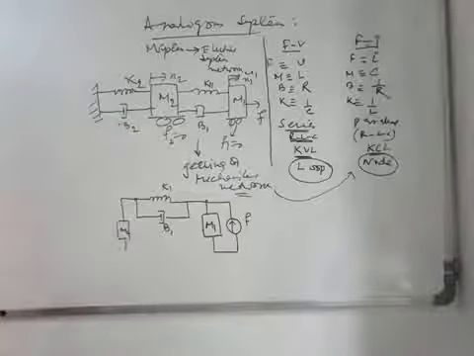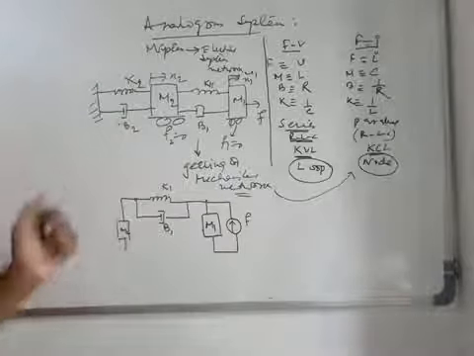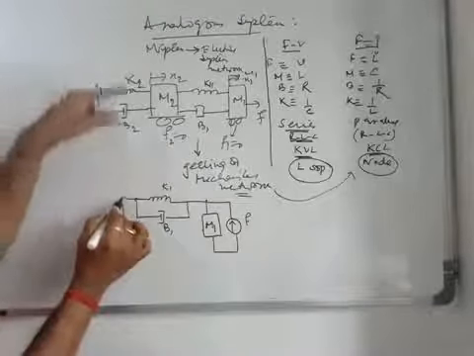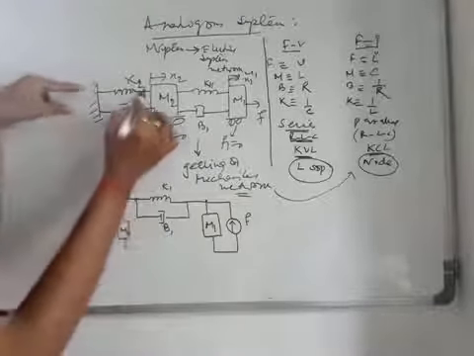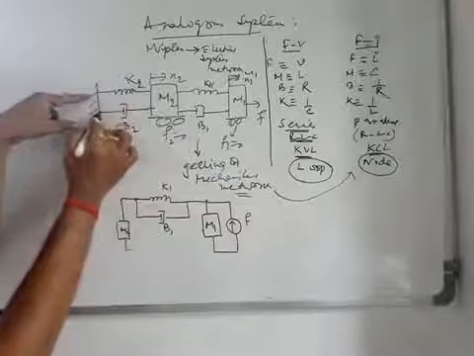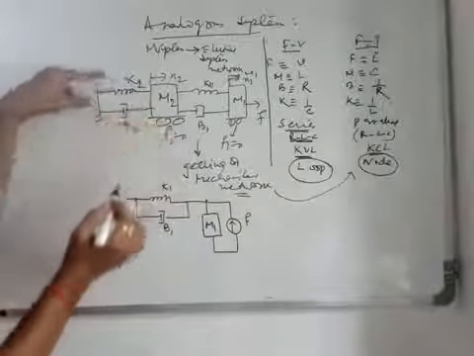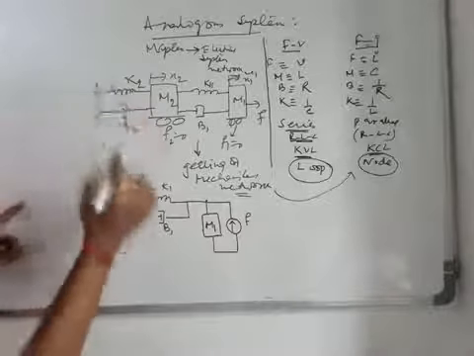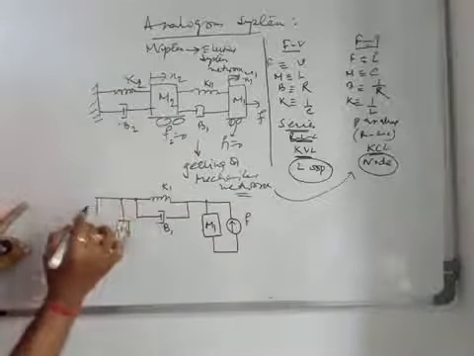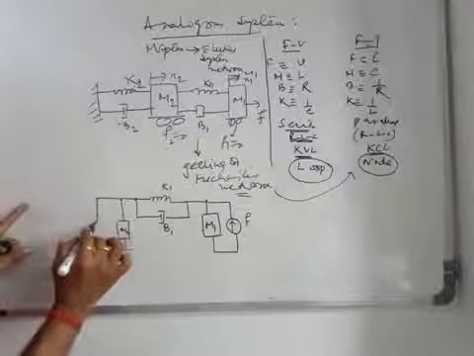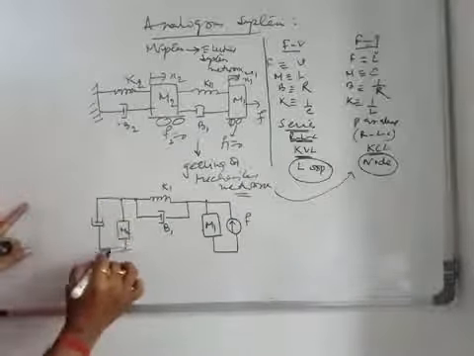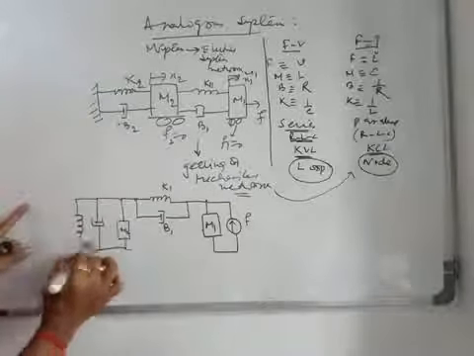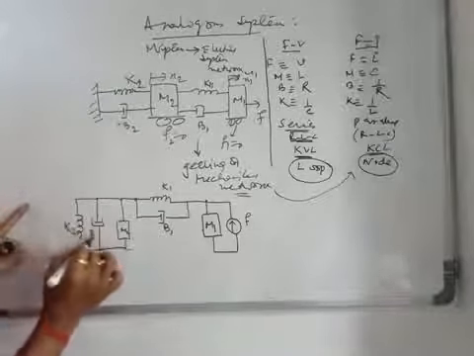One mass m2 is connected here, and the other terminal of the mass is connected with the K2 as well as B2, and this K2 and B2 can be connected like this.